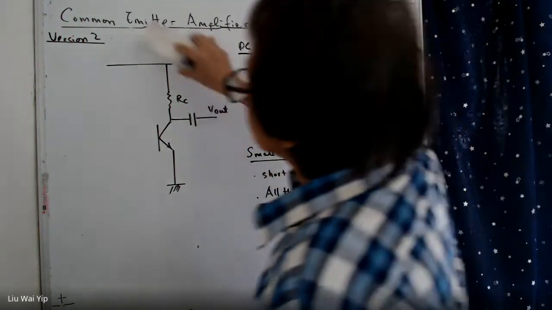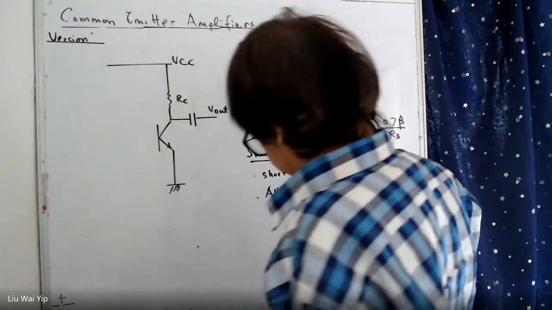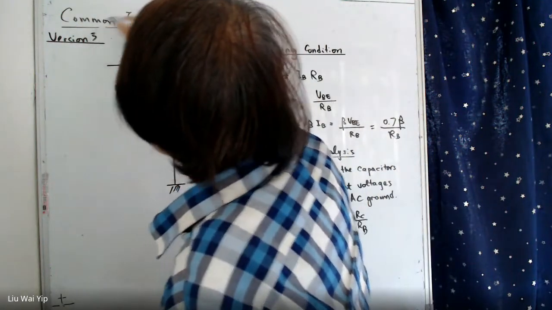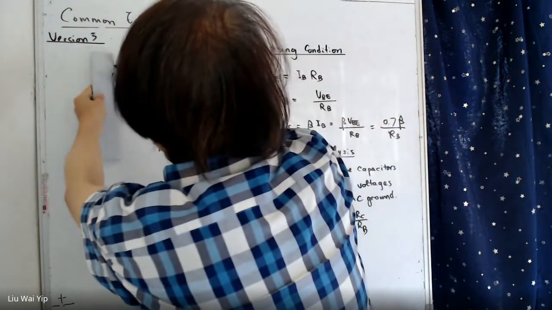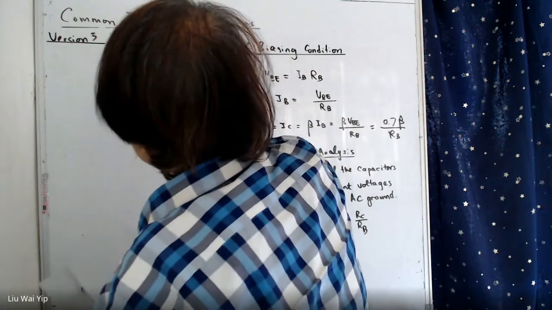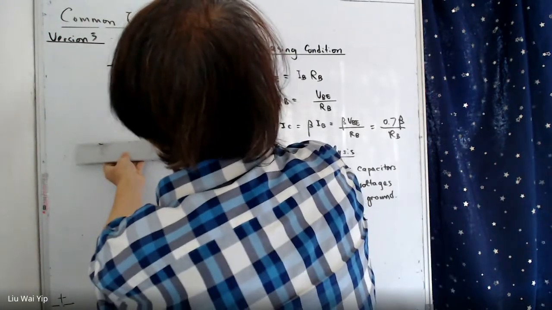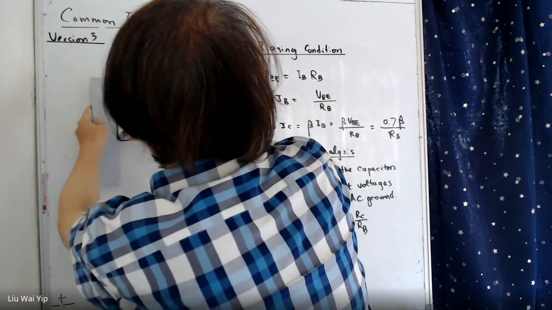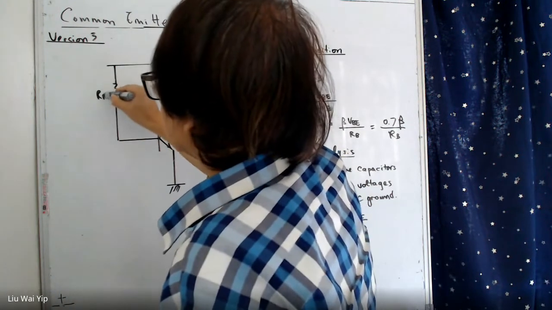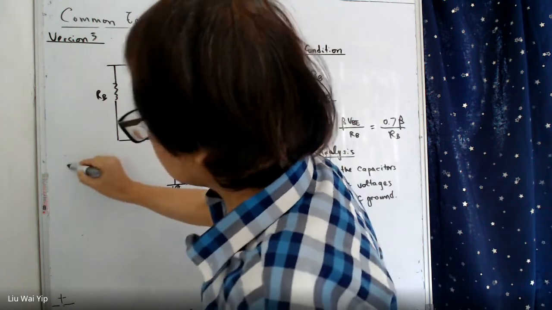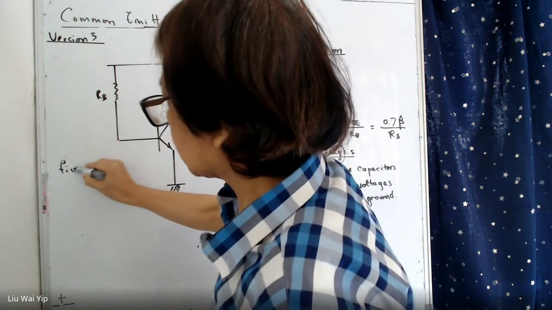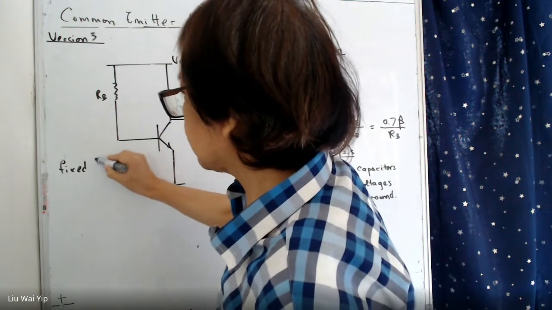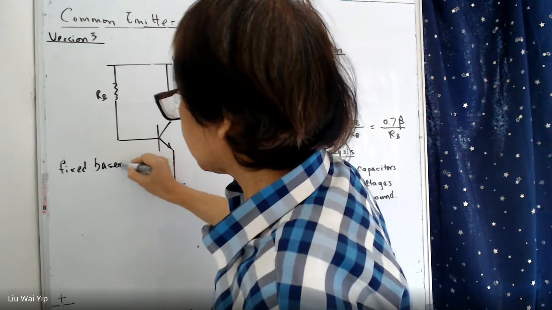So version 3. This is so-called fixed base biasing.